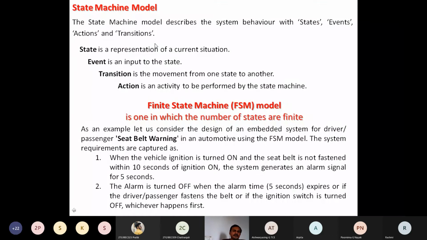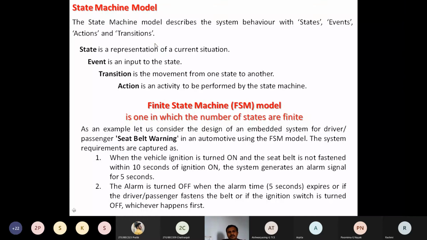Now, if I go for a little more complex example, this one is the simple example I discussed for the state machine. How are we going to draw these things, how are we going to look at these problem statements, the computing processes, the programming concepts? So here, one of the examples they explain is the seat belt warning in automotive vehicles.